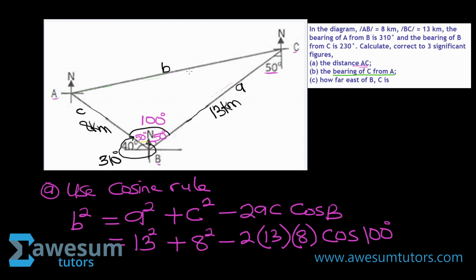So bearing of C from A. This is the point for A. What you need to do right here now is, from the north point, from the north pole, you draw the angle in a clockwise direction until you get to the line that joins A and C. Take note, it says the bearing of C from A, because it says from A, you go to the north pole of A, and then you draw your angle until it touches the line that joins A and C. You see that now?